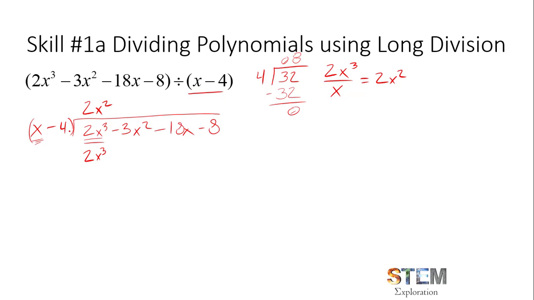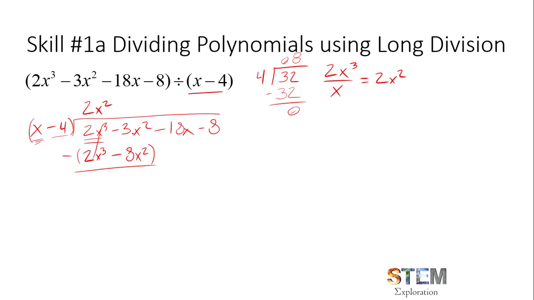And now if we multiply 2x squared times negative 4, then we're going to get negative 8x squared. So we're dealing with the cubic term here by doing this, because just like we would do with short division, what we're trying to do is match up the numbers. So we're going to subtract this from this part up here. And after we do the math, we'll see that these cancel.